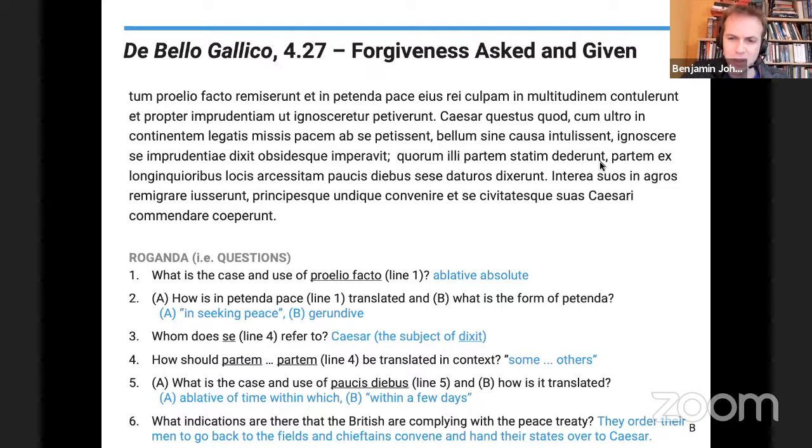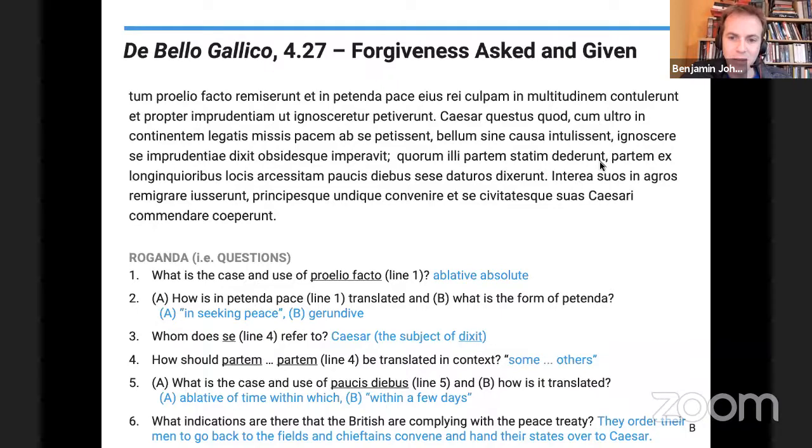We saw something like this in the Aeneid, where we're talking about the Tyrians building Carthage, and we translate it as some of the Tyrians did this and some of them did that. Paucis diebus here, if we translate it as within a few days, is going to be an ablative of time within which, where you can set a limit of time and use the ablative case for that.